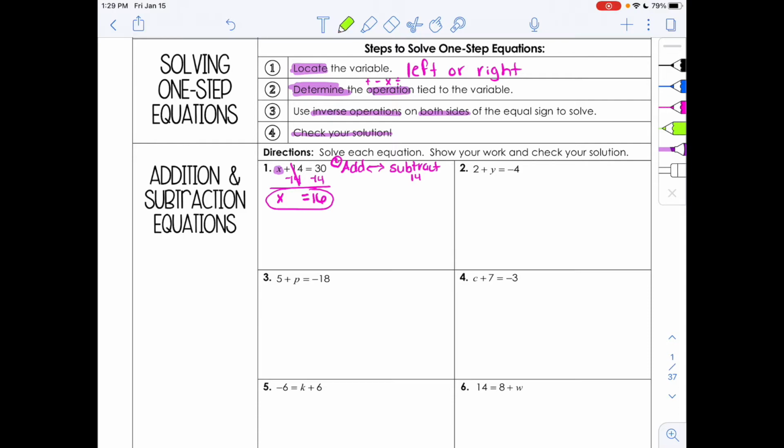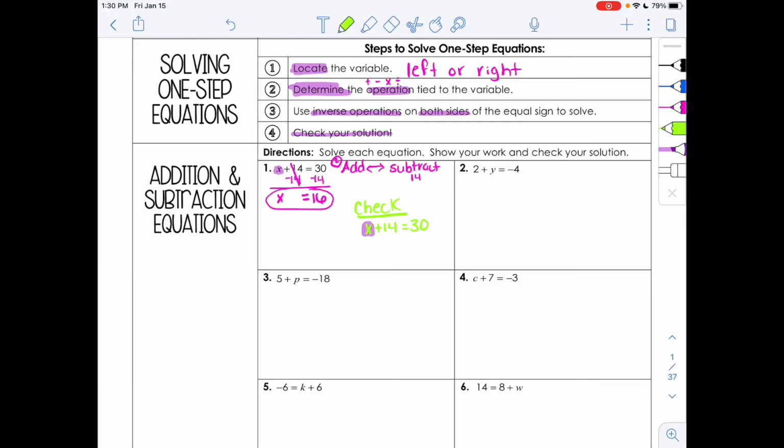So what I can do to check it, I can take my original problem, which was x plus 14 equals 30. And after doing my work, I found that x was 16. So I can replace x right here.